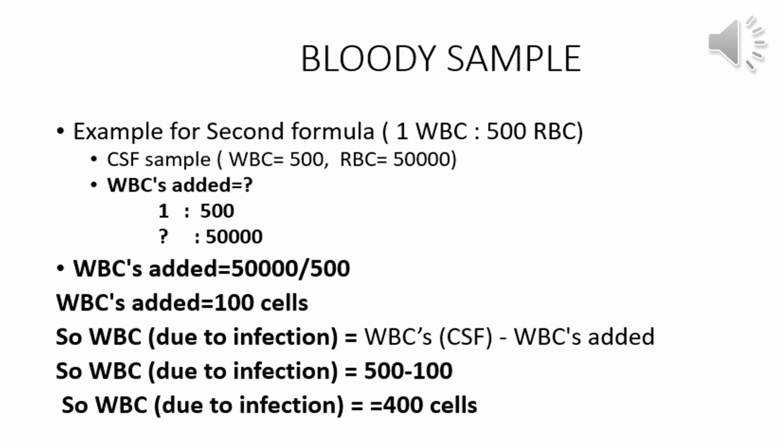So not all of the 500 were due to infection. We have only 400 cells due to infection, and we have 100 cells that come from peripheral blood and enter with the RBC. So the real number of white BC due to infection is 400 in this case. Okay.